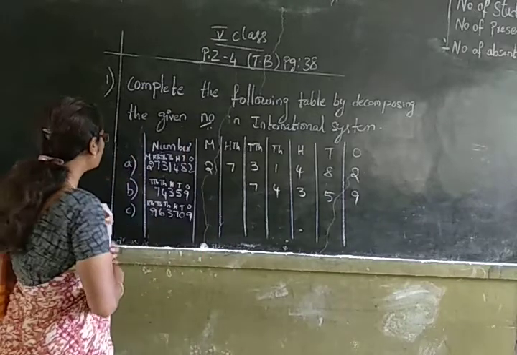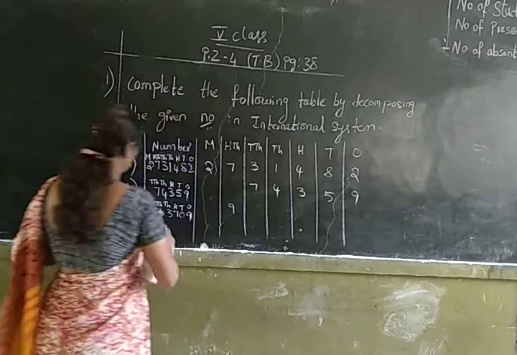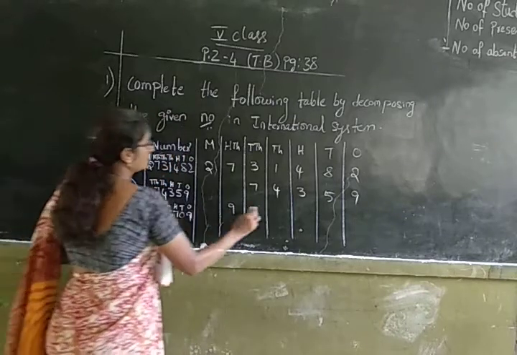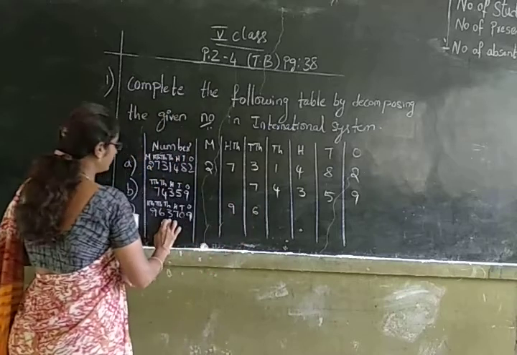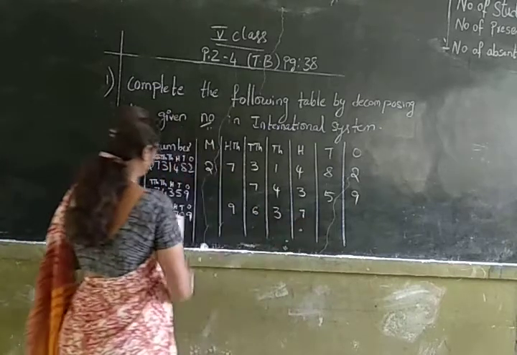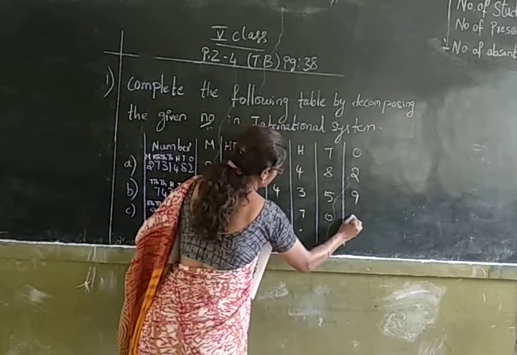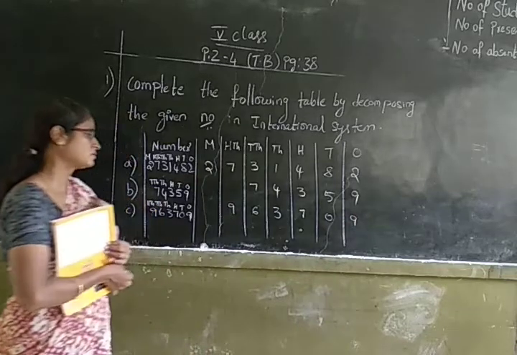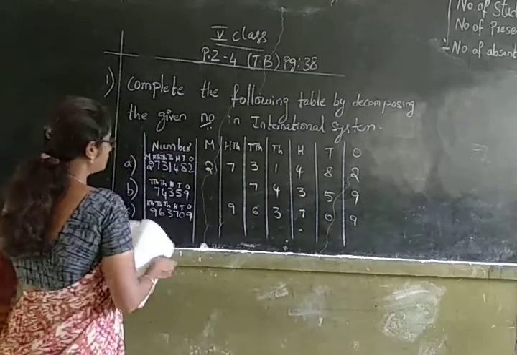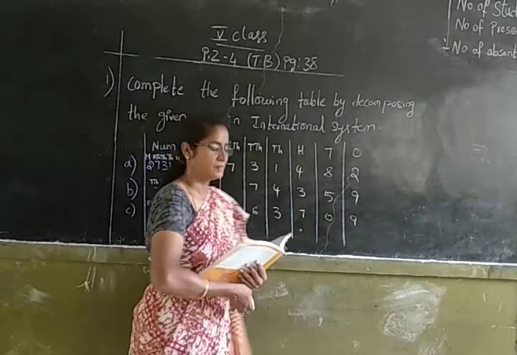So 9 is in 100,000s place. 6 is in 10,000s place. 3 is in thousands place. 7 is in hundreds place. 0 is in tens place. And 9 is in ones place. So I have decomposed the number according to its places. So decompose means to break down the large numbers according to their places.